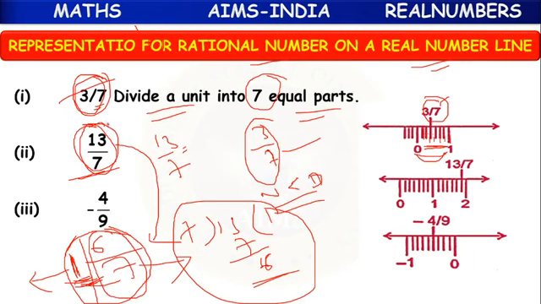While representing 13 by 7, this 6 by 7 will be located after 1. From 0 to 1 we have the value because of the integral part, and this 6 by 7 is to be represented between 1 and 2. 0 to 1 is a unit value, and 1 to 2 is also a unit value.